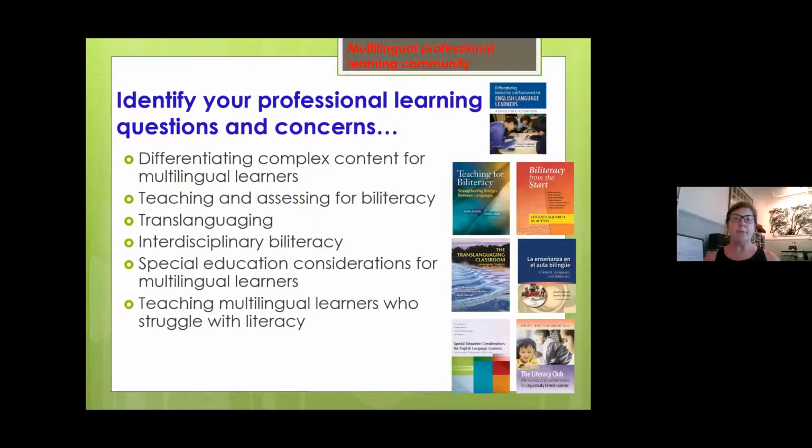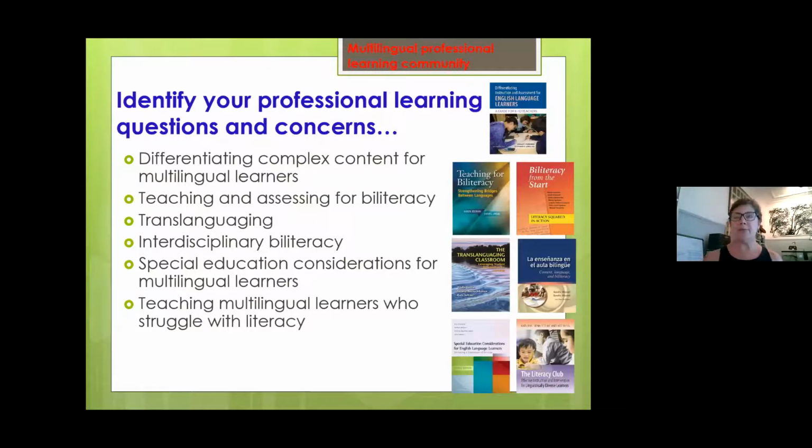A lot of people, with the increase in attention to teaching and assessing for biliteracy, might have that as the focus of their professional learning community right now. And we offer two books that are really popular. Teaching for Biliteracy by Karen Beeman and Cheryl Urow. Some of you might have heard about the bridge and about bringing the languages together for cross-linguistic analysis.